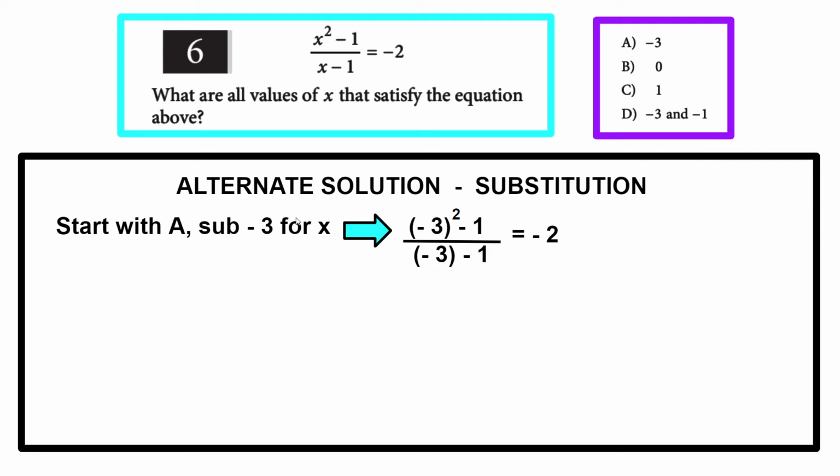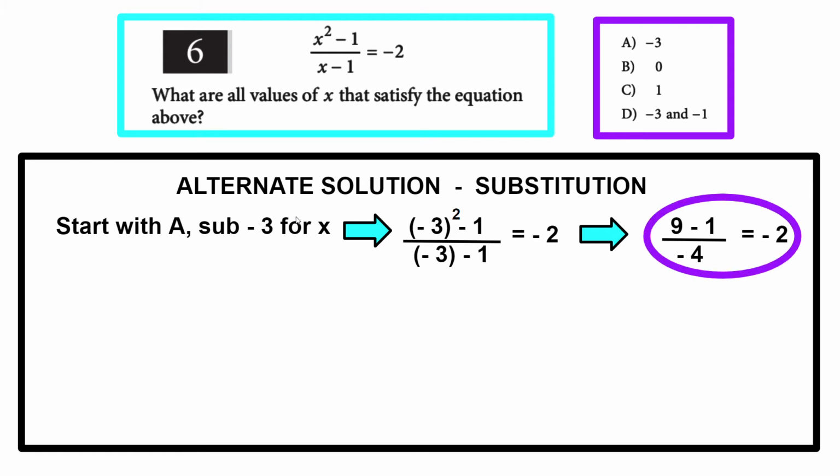And we're trying to see if that works. Negative 3 squared is 9 minus 1 up top, and in the denominator, negative 3 minus 1 is negative 4. So let's see, 9 minus 1 is 8. 8 divided by negative 4 is equal to negative 2. So A works. Negative 3 works as a value for x that will satisfy the equation.